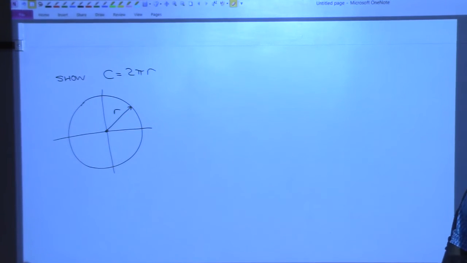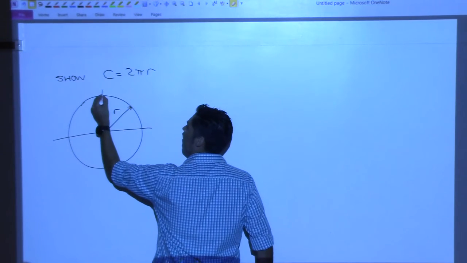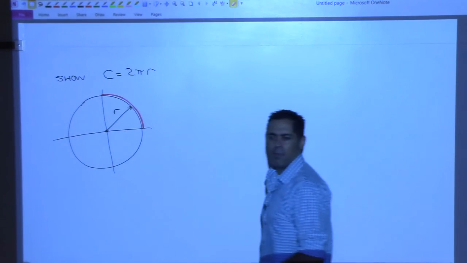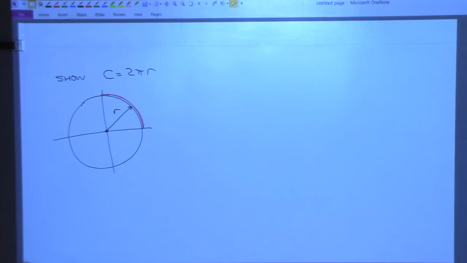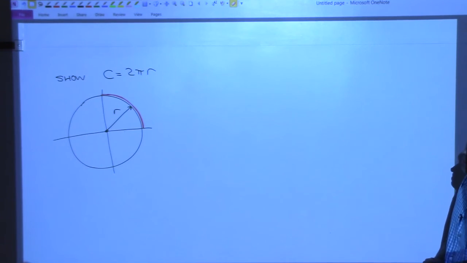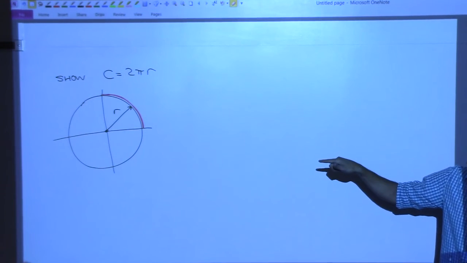Okay? So what do I need to do that? Well, how about we find how long that piece is, and then multiply it times 4. Could we do that? Well, if I'm going to take that little piece and find its length, I need to be able to write that red thing as a function.